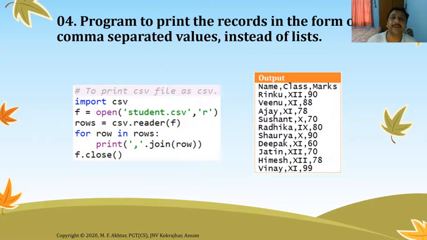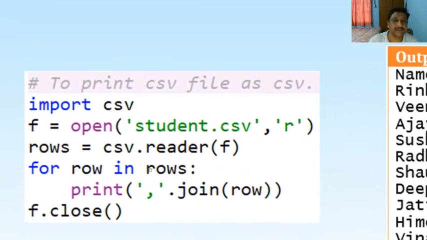Now, program to print the records in the form of comma separated values instead of list. Previously when we read the file and displayed the data, it displayed the data in list type, enclosed in square brackets. Now we are displaying the data as comma separated data. This is the program.